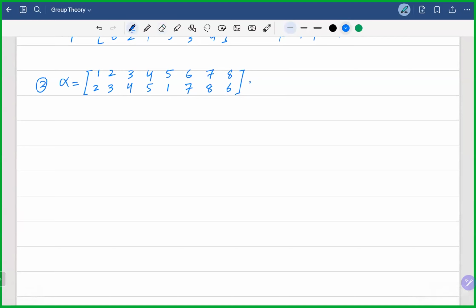Perfect. We have a permutation beta, which is 1 is fixed, 2 goes to 3, 3 goes to 8, 4 goes to 7, 5 goes to 6, 6 goes to 5, 7 goes to 2, and 8 goes to 4.